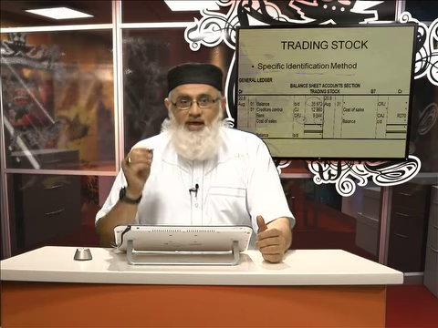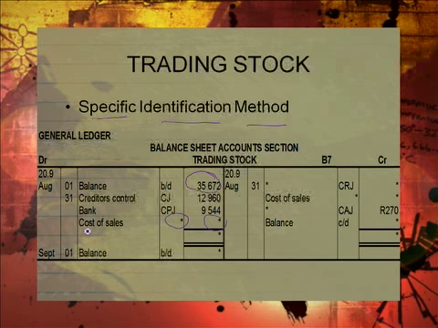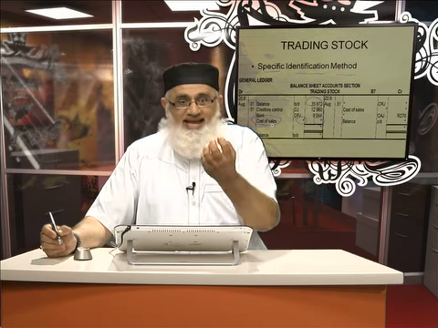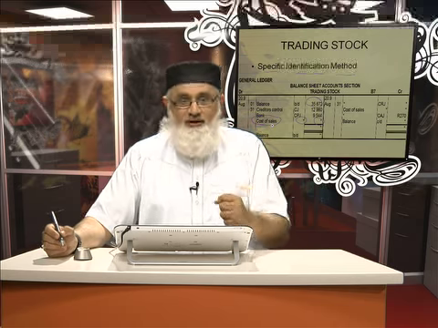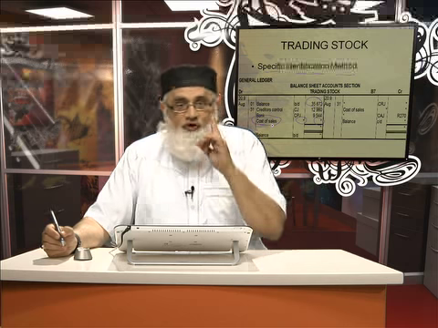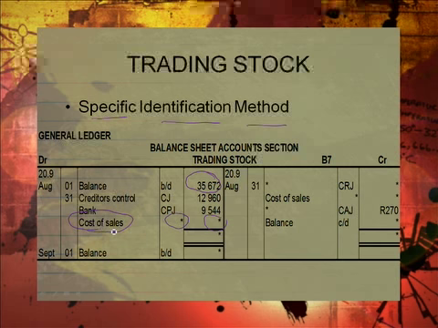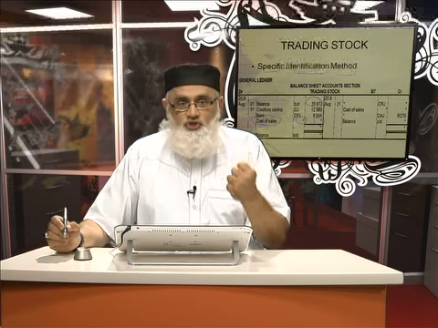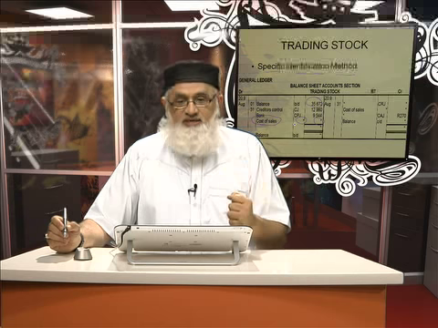Okay, so if we are looking at the cost of sales on the debit side of my trading stock account, what is it indicating to me? It is indicating to me that stock has come back into the business. Right, so obviously your folio reference would be, think of this one here, this would be your debtors allowances journal. That's right, stock is being returned and as a result, your trading stock account is increasing in value.